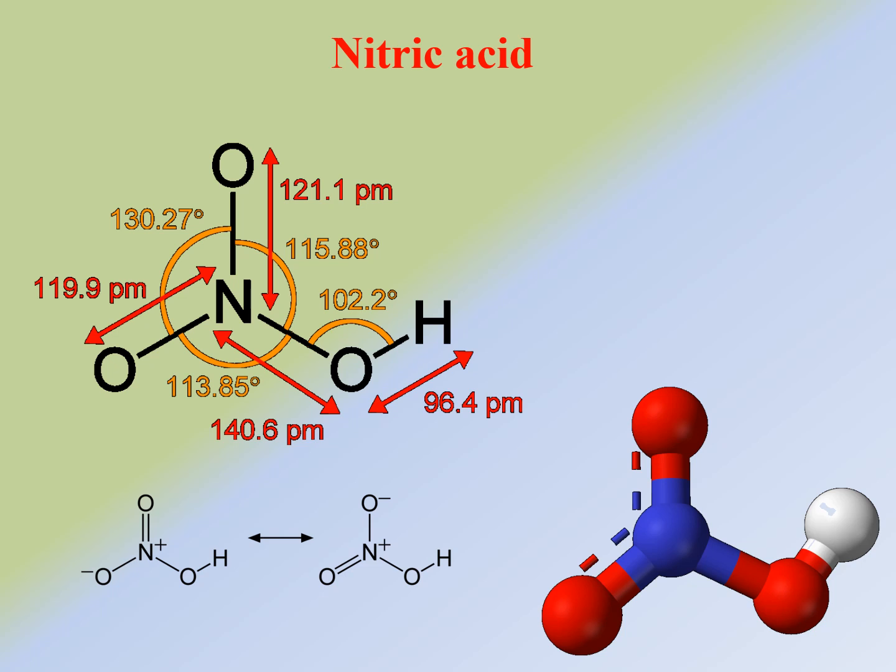That's why we can say that nitric acid exists as a set of isomers that you can see, yes? And actually the bond between nitrogen and the 2 lone oxygen atoms is not single, not double, but a 1.5 order bond.